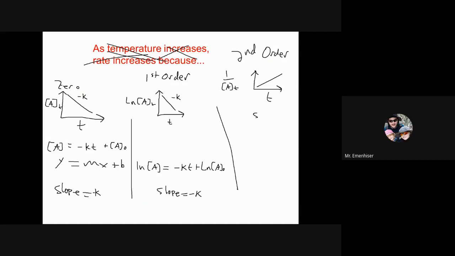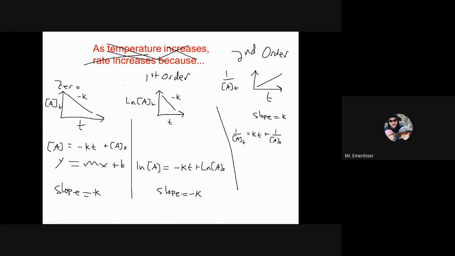So this slope equals K. And here's our equation. This is at time T. This is what we're solving for. 1 over the concentration at time T is equal to KT plus 1 over the original concentration. Okay, so the slope is equal to K.